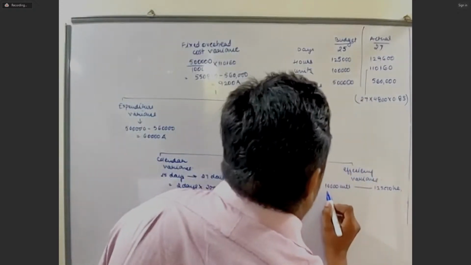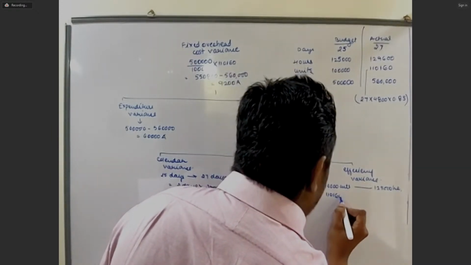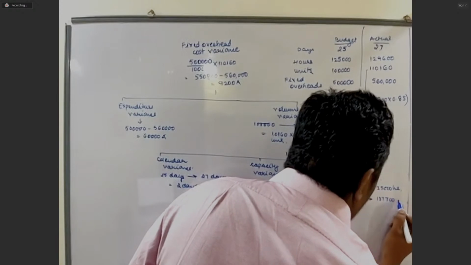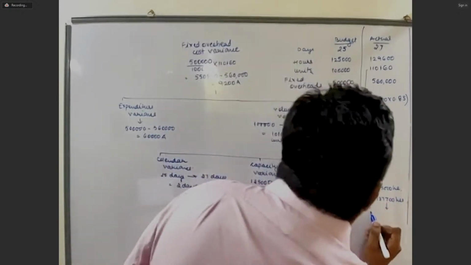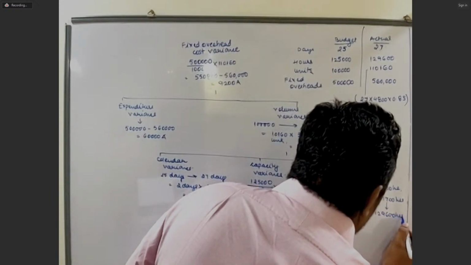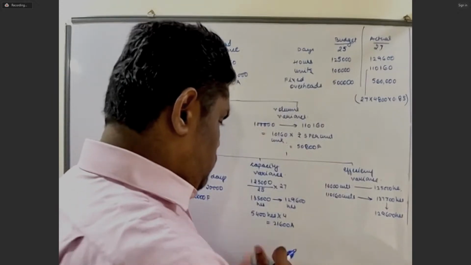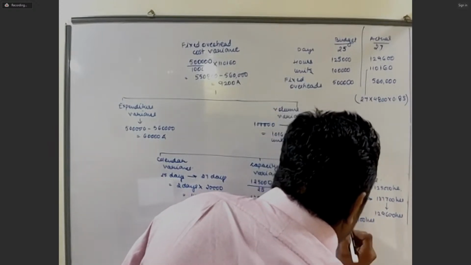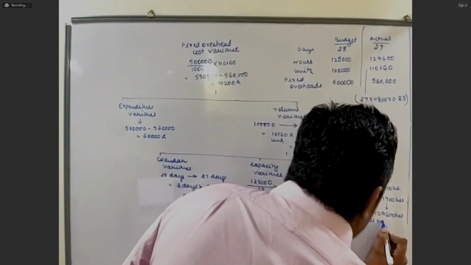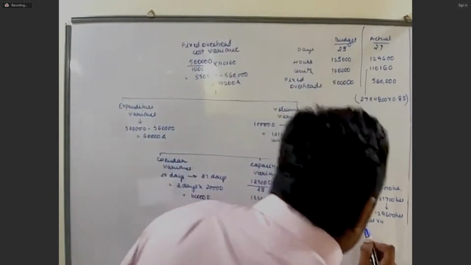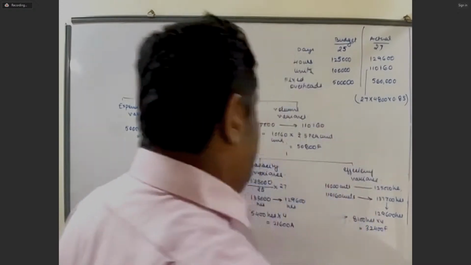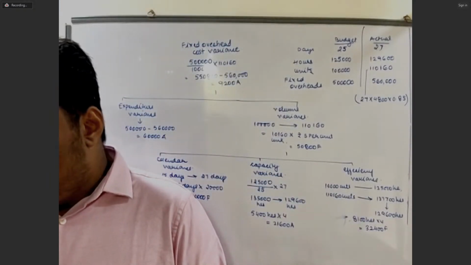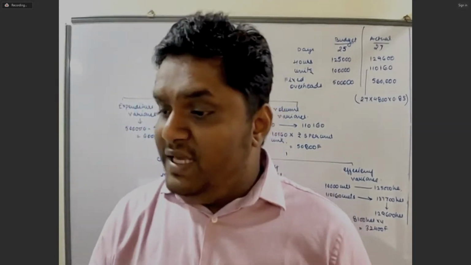So for 1,10,160 units, what was the actual? I request you guys to please check your answers.